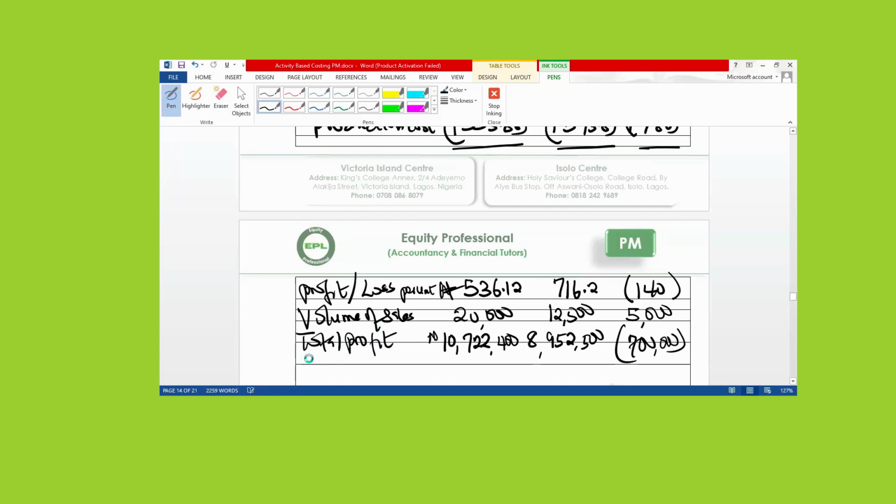Now, if you look at this, it's very obvious that product Gamma is a problem. Our activity-based costing has helped us to identify a product with incorrect product cost.